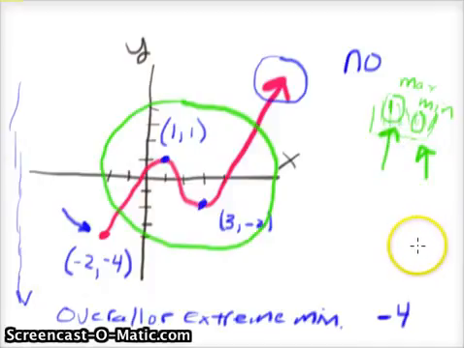Now the question is, as I'm looking at my function, okay, the function continues up here and then it turns, right? So this point right here is a maximum, not an overall maximum. It's a relative maximum. What do you mean by relative maximum? Relative to the values surrounding it.